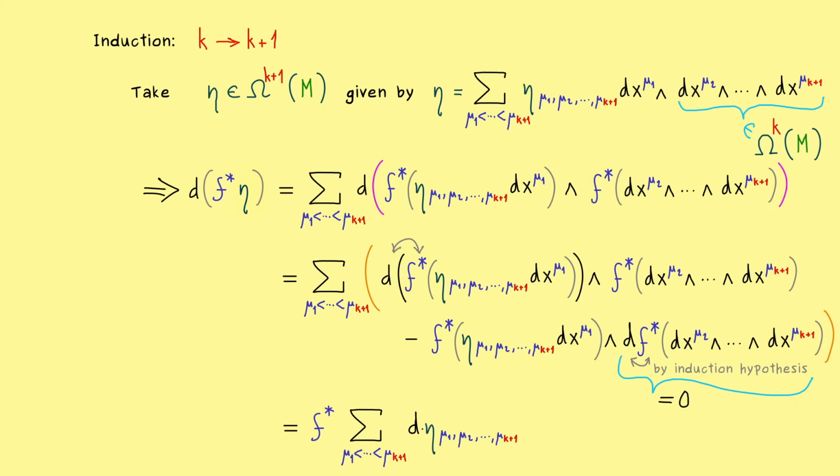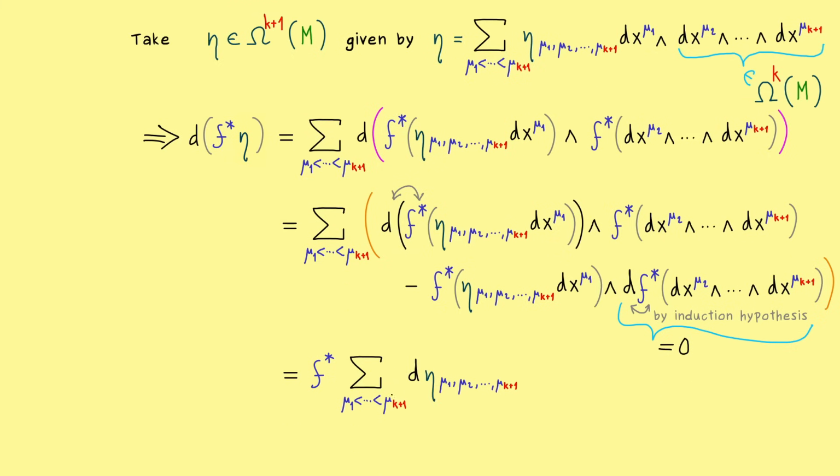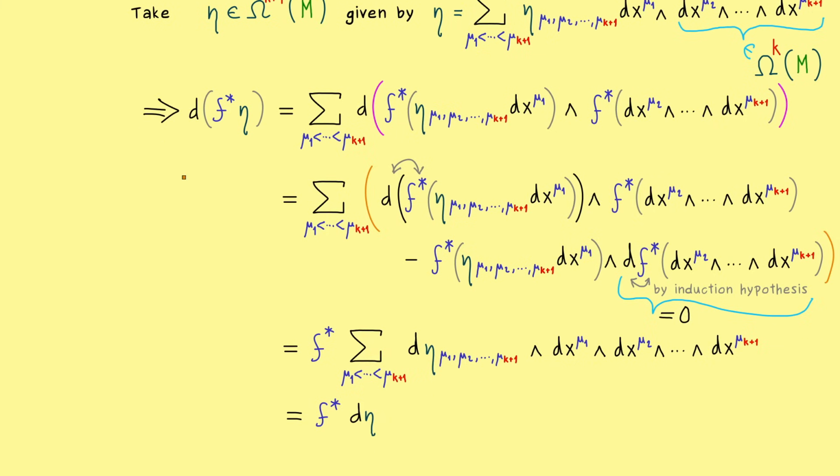And then inside the sum what we get is actually just the derivative of the component functions. However, then of course in the wedge product with dx mu1 and the wedge product with all the other terms at the end. And then you might recall that this is actually just the definition of d eta. So exactly what we wanted to show, and now the induction is finished.